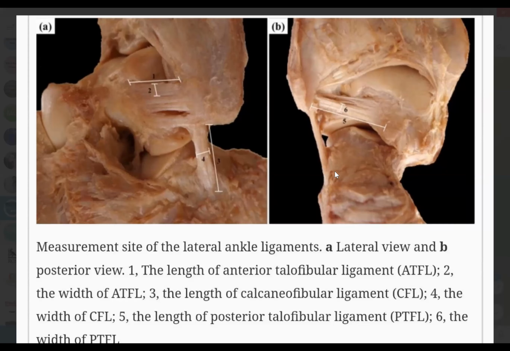Number four, down, calcaneofibular. You can see it is between the calcaneus and fibula. Okay. Number six, this is posterior, between tibia and fibula, posterior tibiotalar. You can get it this way.